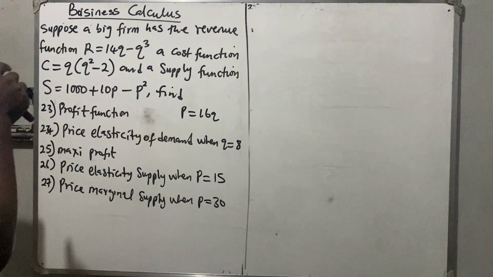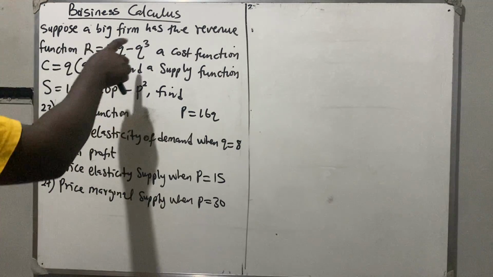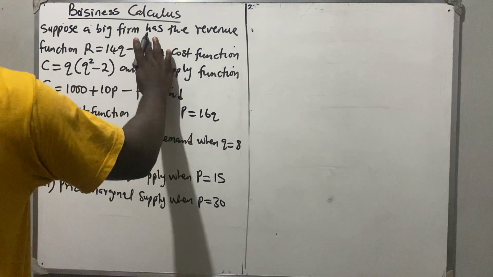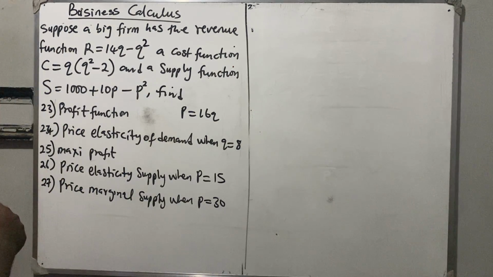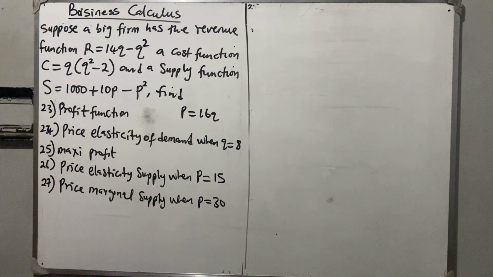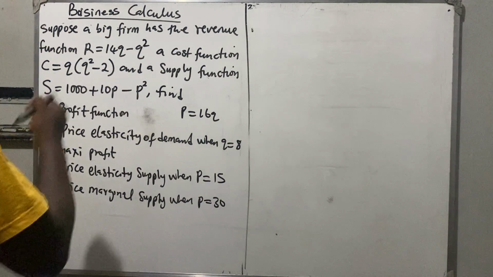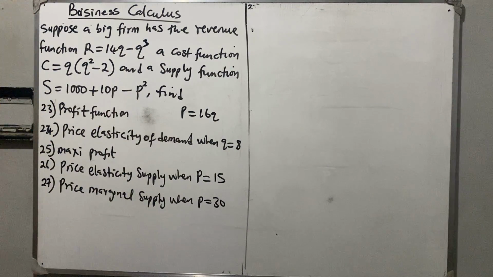I think that this revenue is supposed to be squared. So let us use squared so that it will make sense. But if it is cube, let's just use the cube since I'm seeing cube there. But if it is square, it would have made more sense. Okay?